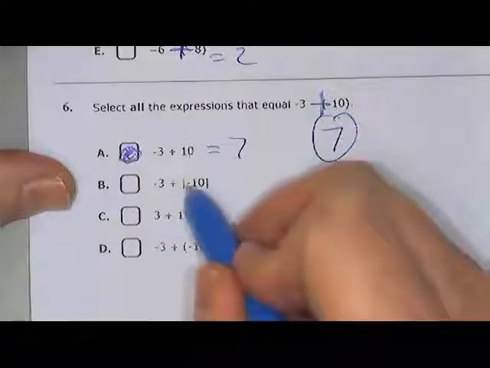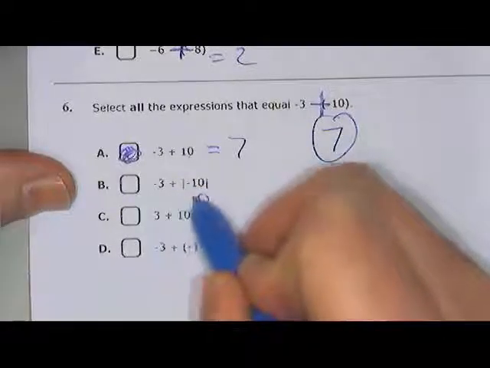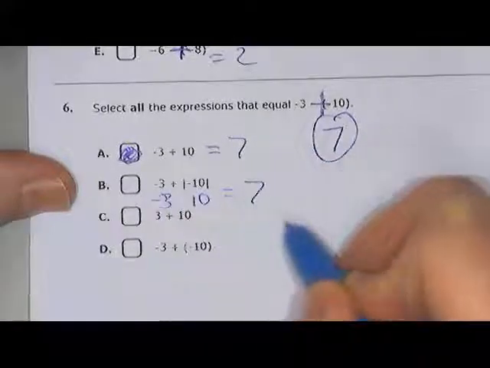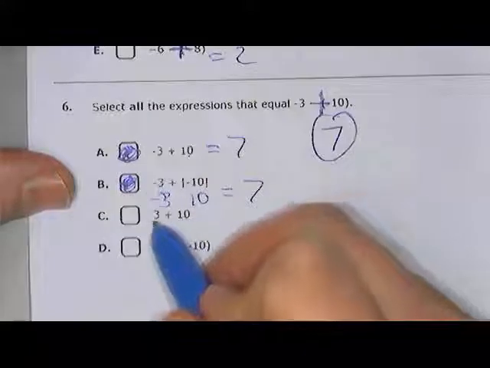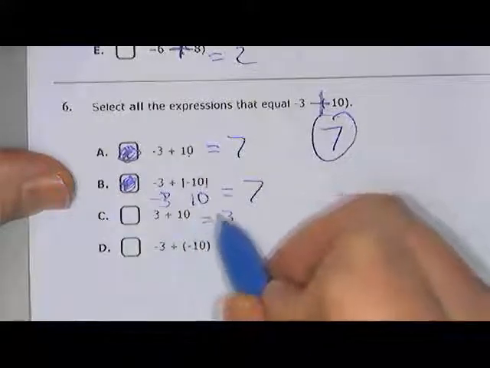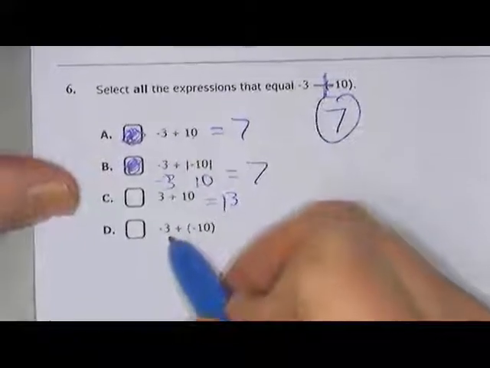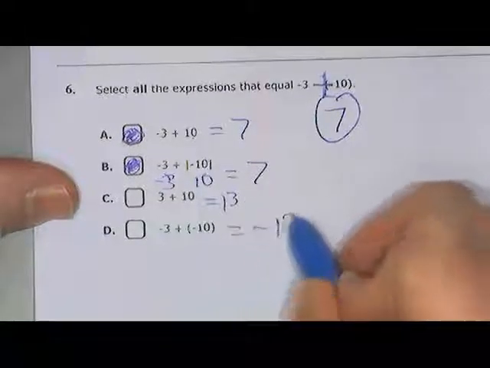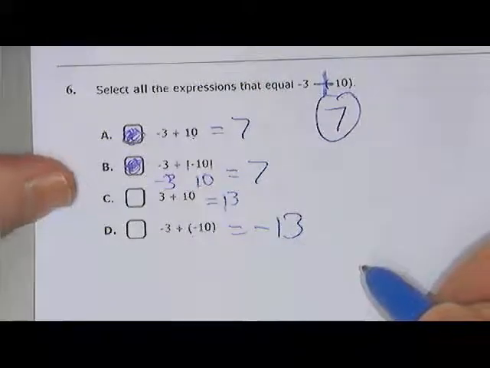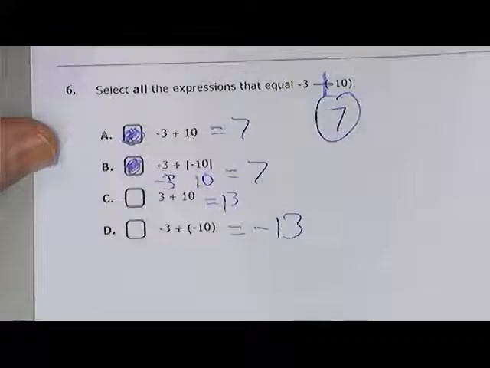This is +10, right? This is from 0, it's 10. So you have 10 and -3. That's also 7. 10 plus 3, well, that's 13. That's not going to work. Let's see. -3 and -10 is -13. That does not work. All right, so that takes care of those type of problems.